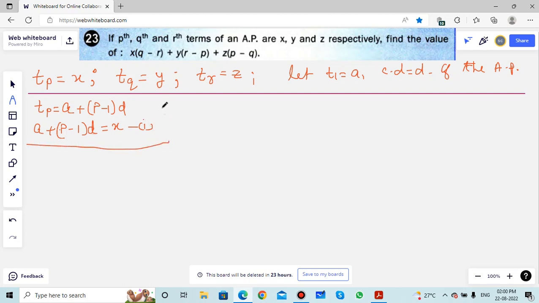What is the next one? Tq. That will be, in a similar way, a plus q minus 1 d is equal to y. Let it be the second equation here.